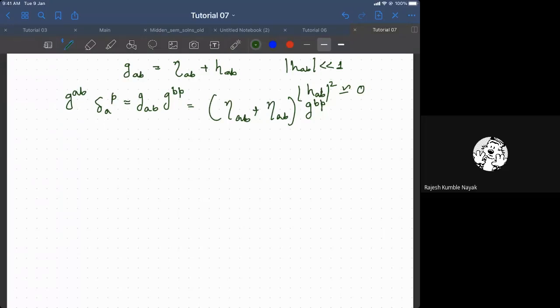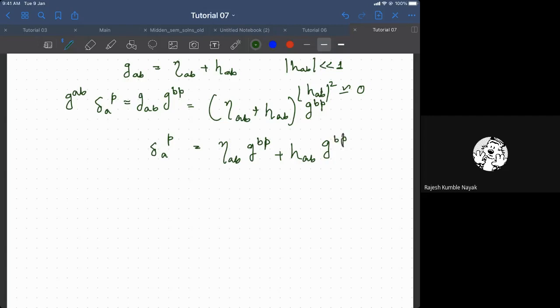Now, let us say that delta_AP is, we have to do g_AB into g^BP plus, oh, I have again made a mistake here. This should be h, okay? So h_AB into g^BP.